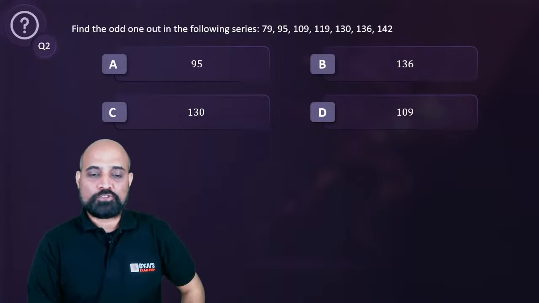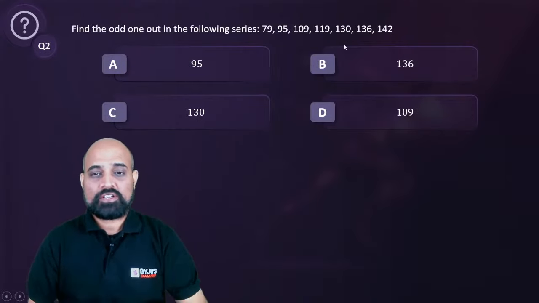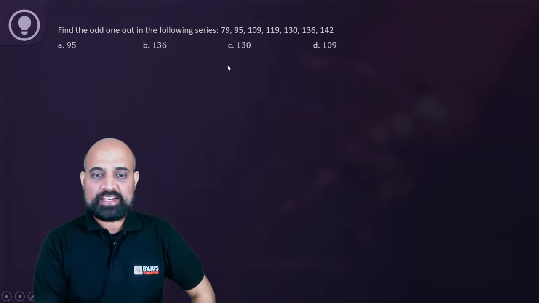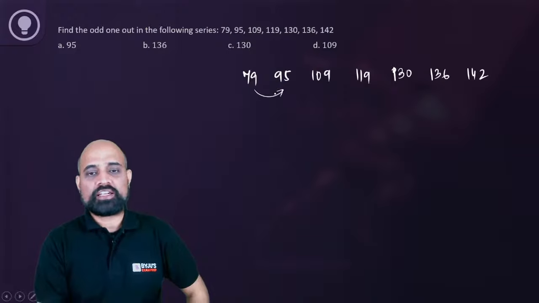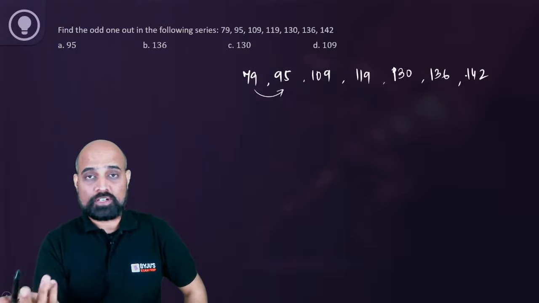हाँ विरल, वो फर्स्ट क्वेश्चन था, ये सेकंड क्वेश्चन है. So we have 79, then we have 95, then we have 109, then we have 119, then we have 130, we have 136, and we have 142. So they are not increasing drastically, so that means they should be having a difference of consecutive terms.